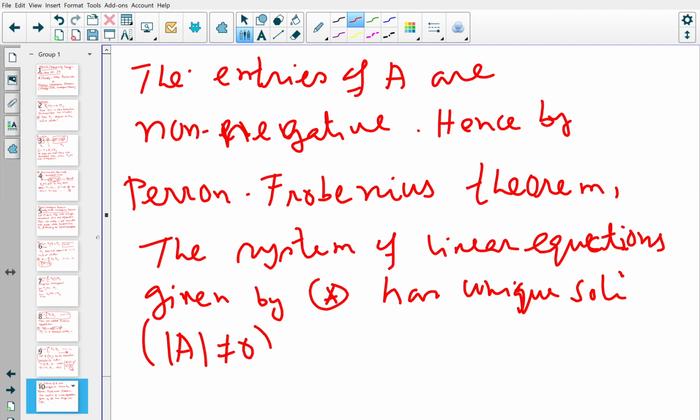Otherwise, you can also have this. Okay. So here one will be the eigenvalue of A.